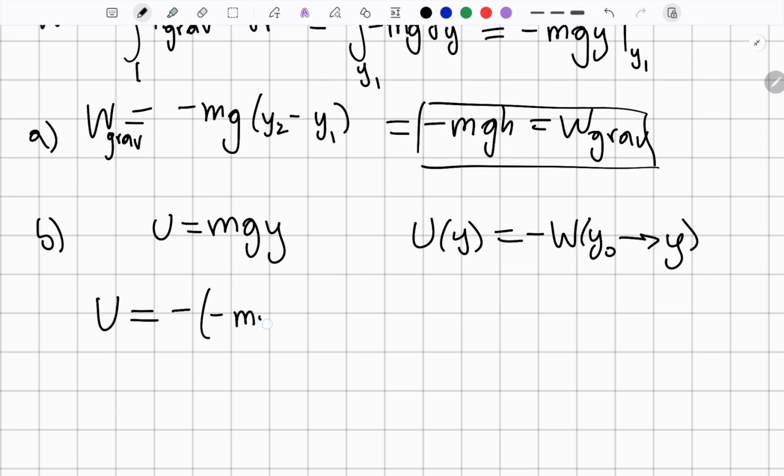It's going to be negative of negative mgh, or mg (y minus y naught), we can call it. And knowing that our potential energy is 0 at this point, and we're starting from y equals 0 perhaps, we get mgy.